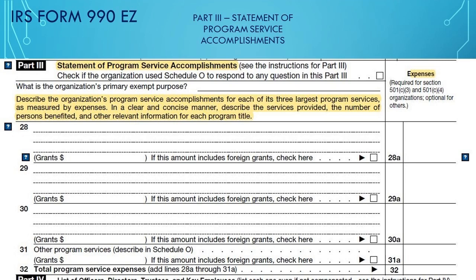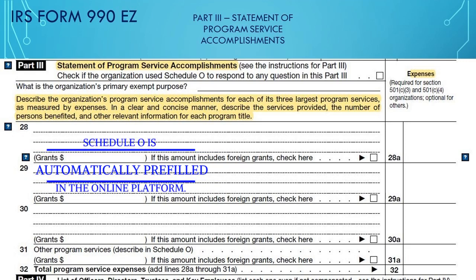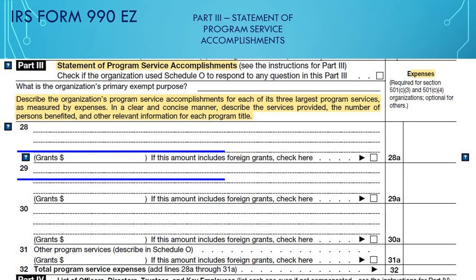But if you have more, such as additional programs or additional details per these programs, you have Schedule O, which is a section where you can write in more detail. The reason to consider adding more detail is that it's not just IRS regulators that look at this document, but also donors, funders, and potential board members.